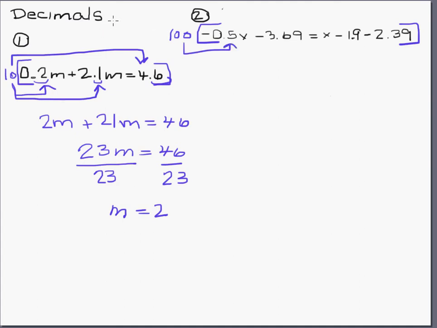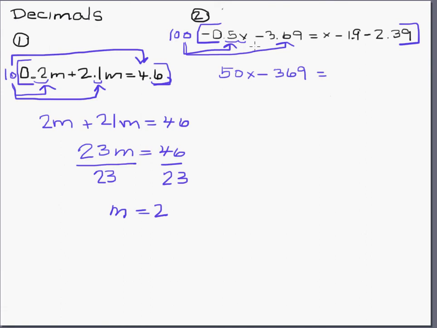So first, 100 times negative 0.5x takes this decimal point and moves it 2 places. So imagine that. It becomes 50x. And then I take 100 and multiply it times negative 3.69, and it takes care of those two decimal places, and we have 369.